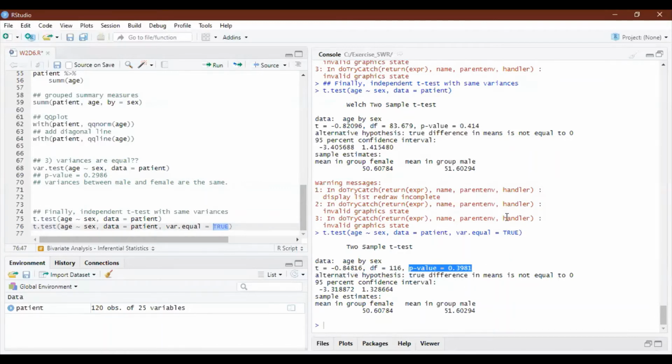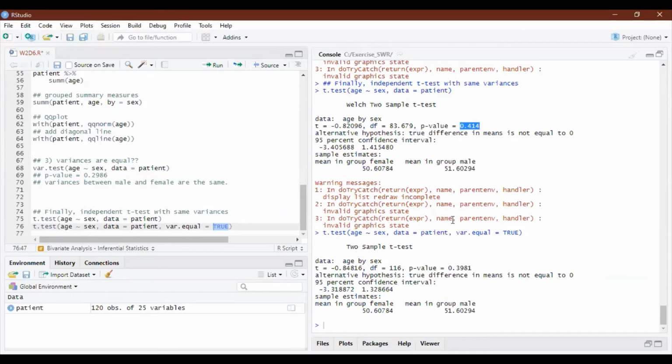The p-value is a little bit different, but in some cases, when your p-value is on the borderline, 0.05, say when you do not consider equal variances, it is greater than 0.05. When you consider variances equal, then the p-value is less than 0.05.